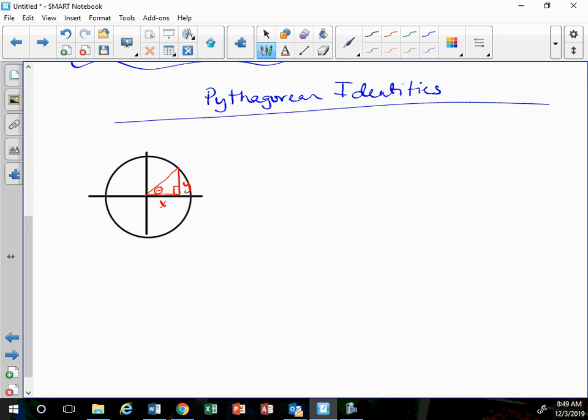If we're in the unit circle, what is the hypotenuse going to be? 1. Okay. All right, if you were to set up the Pythagorean theorem with this triangle, what would you tell me? Yeah, x squared plus y squared equals 1, right? Okay. So let's think about other things that we know. In terms of sines and cosines, what is x?